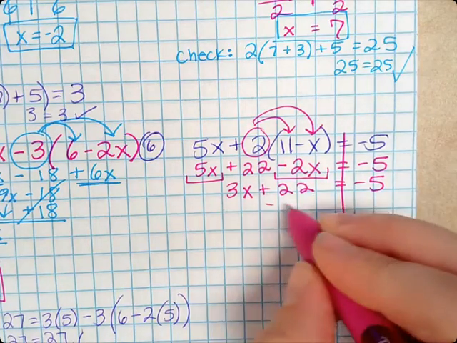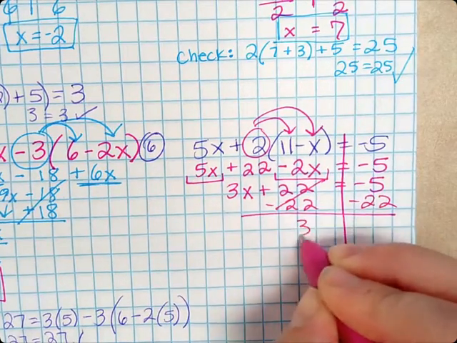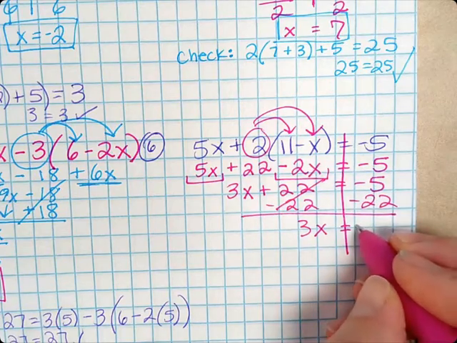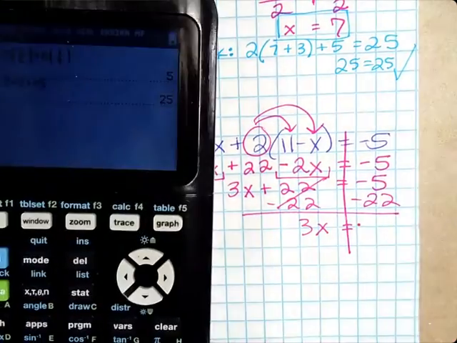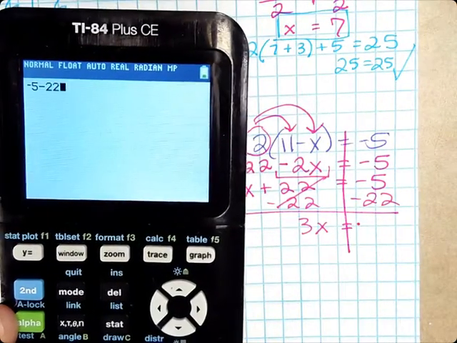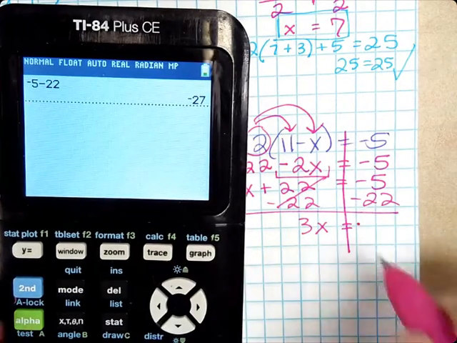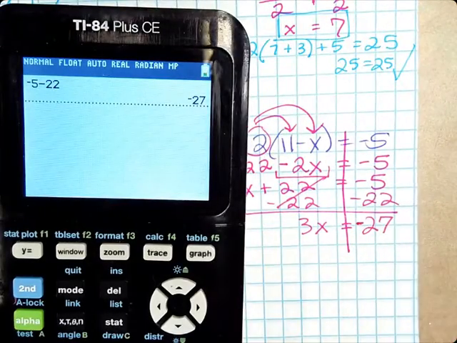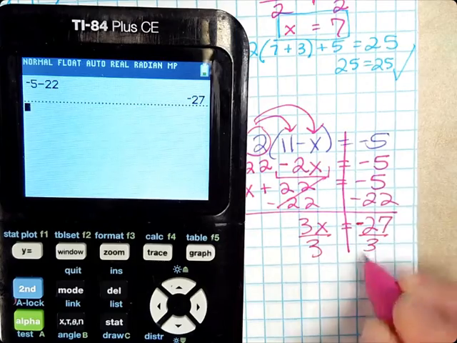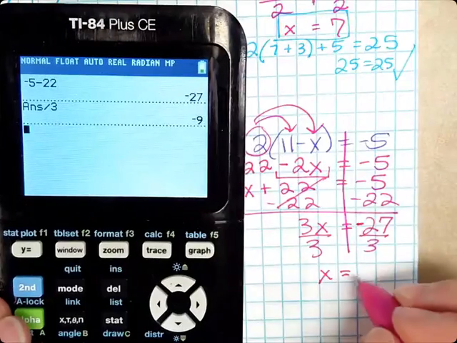We subtract 22 from both sides. We get 3x equals negative 5 minus 22. You can put it in the calculator if you want. Negative 27. Then divide by 3 all the way through. Negative 27 divided by 3 is negative 9.